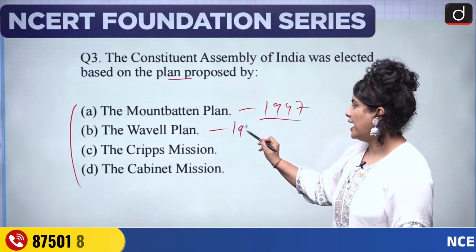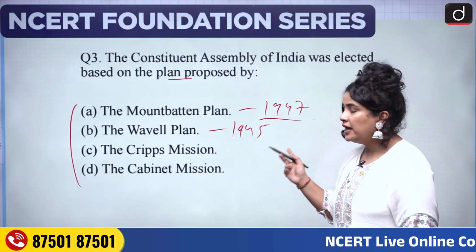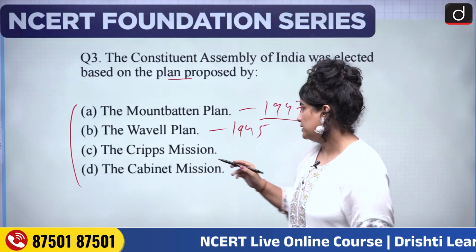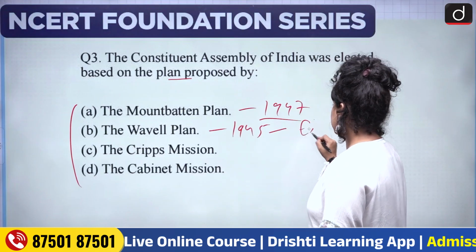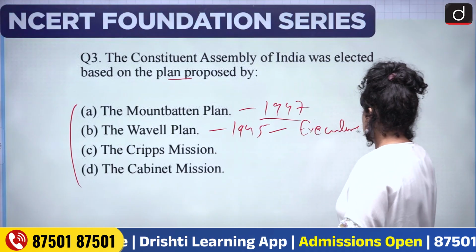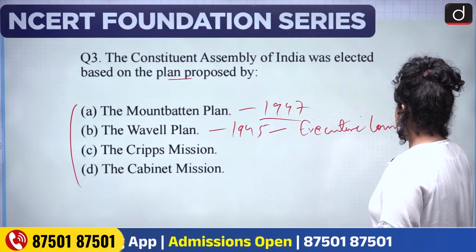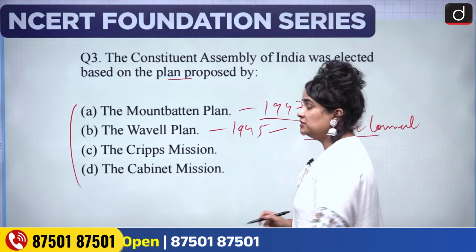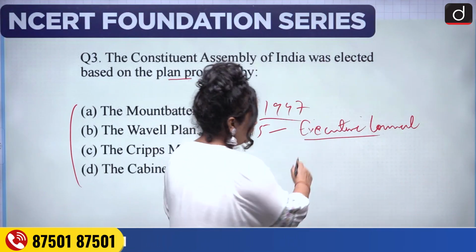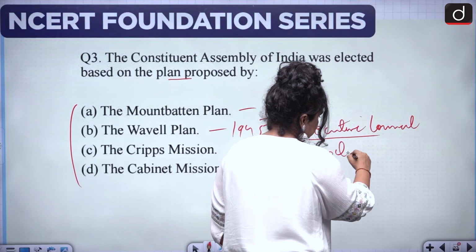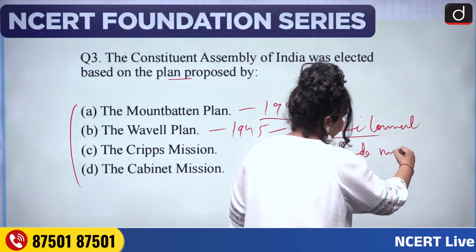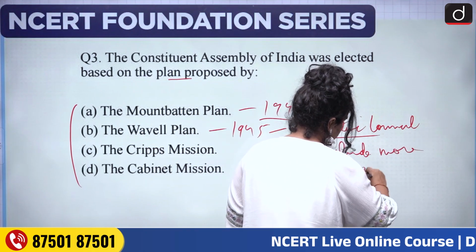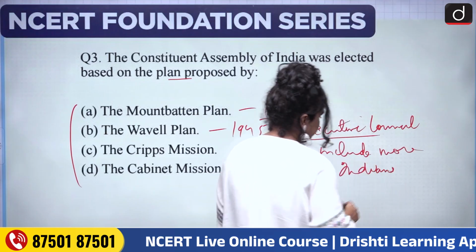Now this happened in 1945, and it concerned reconstitution of the Executive Council to include more Indians. However, this was not concerned with the Constituent Assembly.